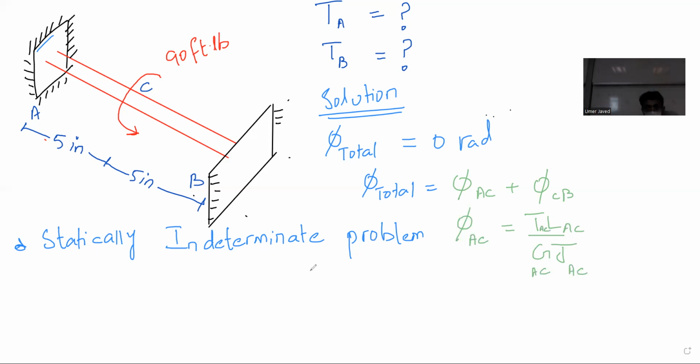And what will be my phi CB? Phi CB will be T CB L CB over G CB J CB, correct?